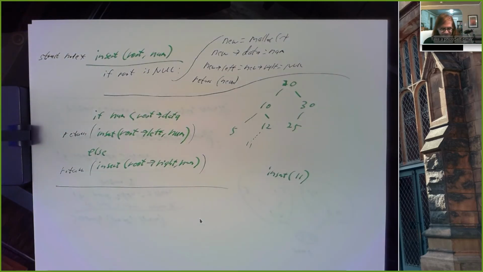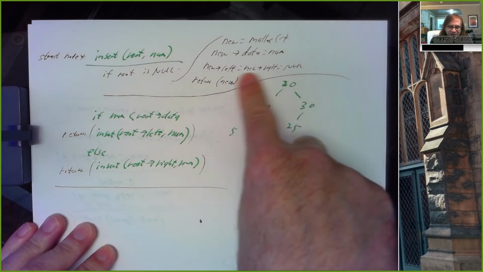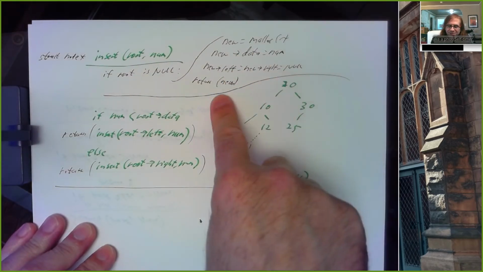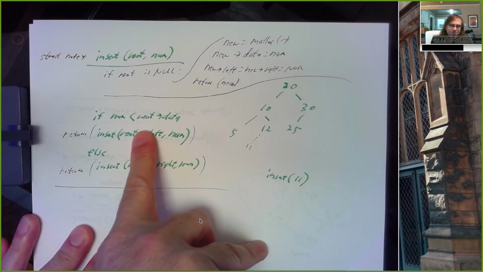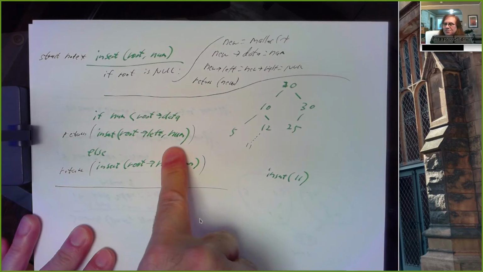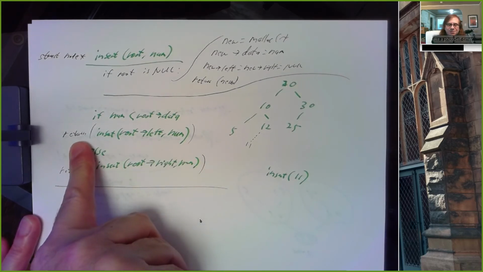Now we've got a full insert function. And again, it's like 3 lines of code. So what do we do? If the root is null, make a new node, set the data and left and right children accordingly, and return that node. Otherwise, if your number is smaller than the root, call insert on the left subtree to insert your number and return what you get back from insert.